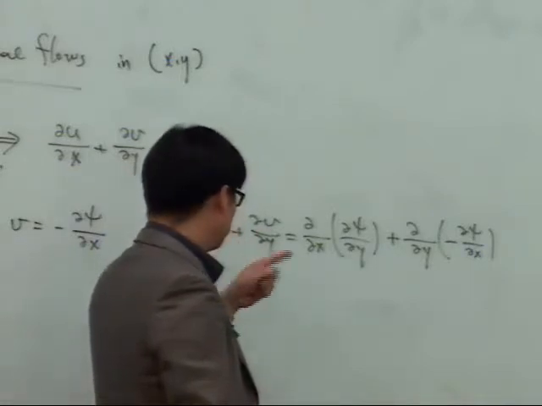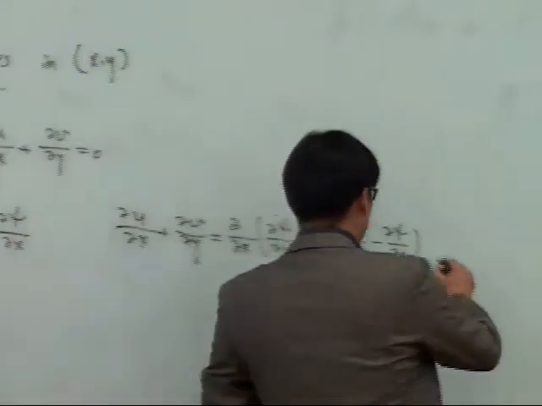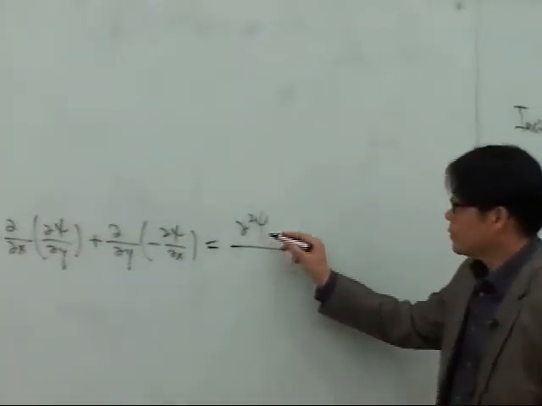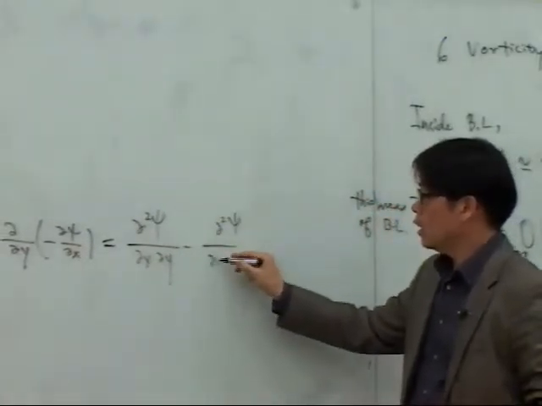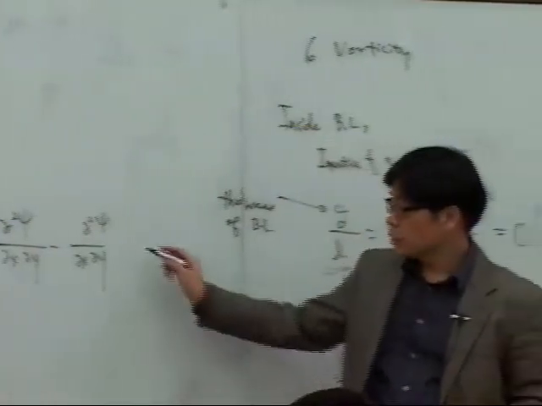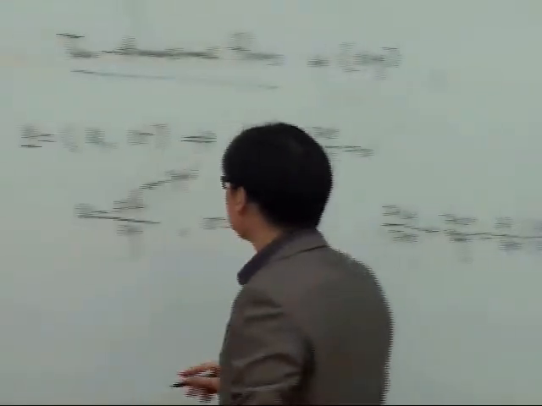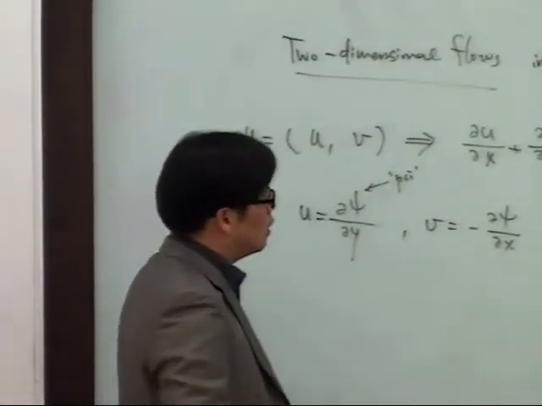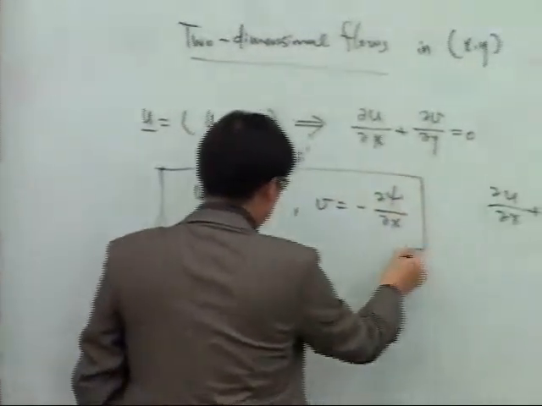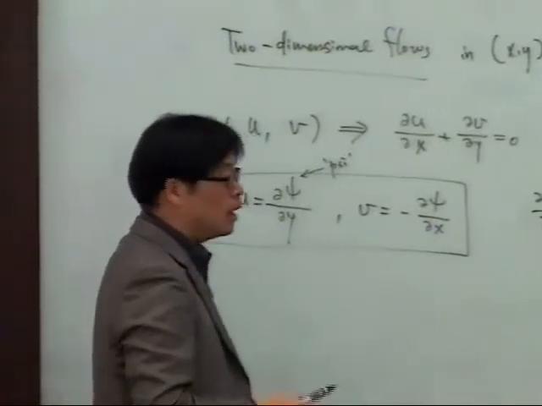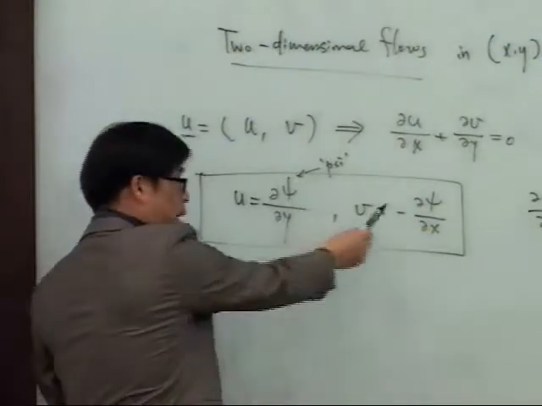And then you can see this is nothing but the second derivative of psi in x and y, with opposite signs. So this guy is identically 0. So this particular representation satisfies the continuity equation all the time, no matter what psi is.